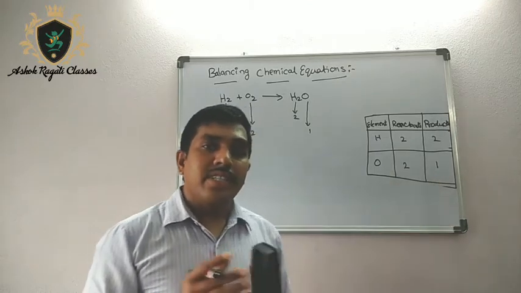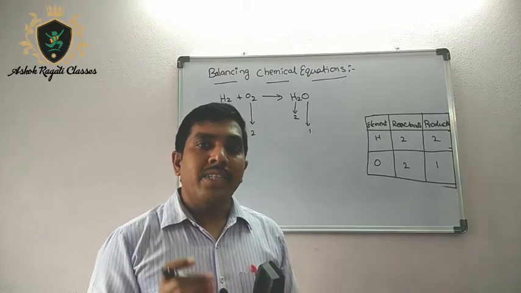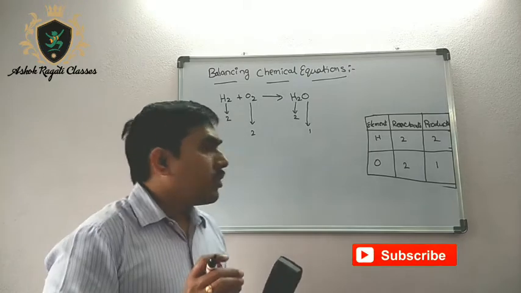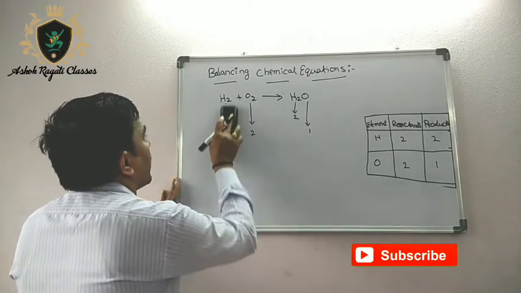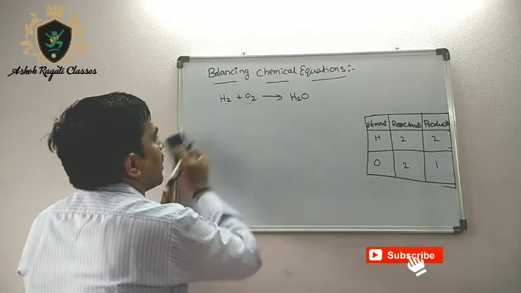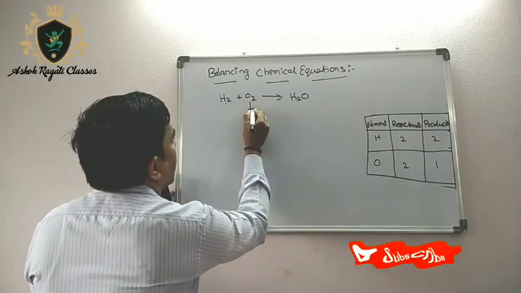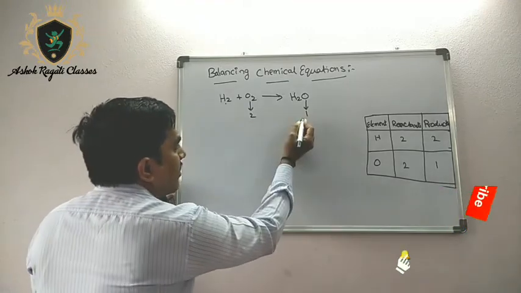What is the first step we have to use? To multiply with any number. By multiplying with a number, we get the equation balanced. Now see, oxygens are 2 here, and oxygen is 1 here. I want to make them equal.